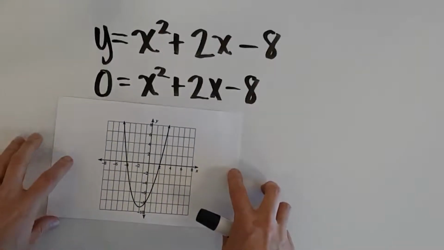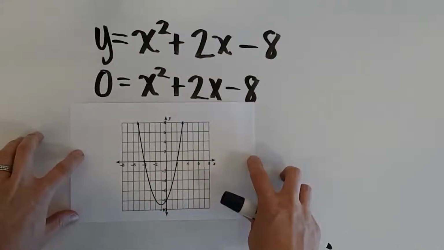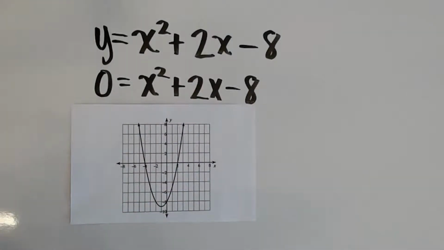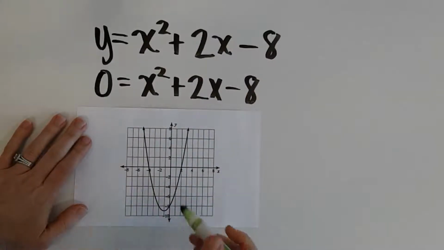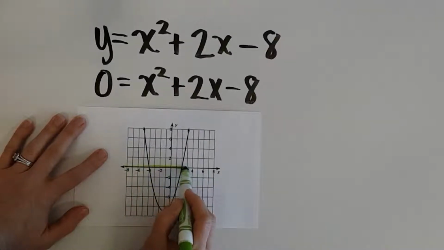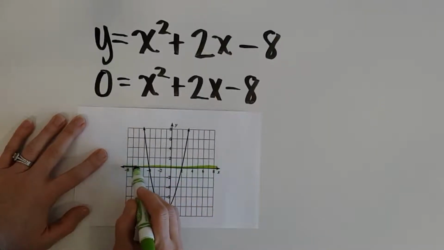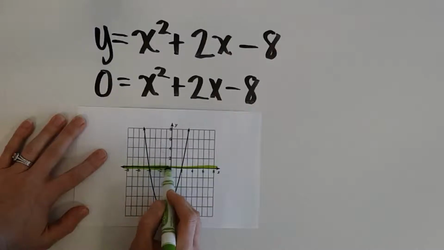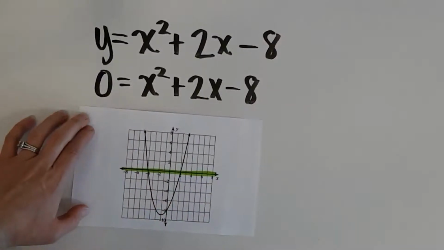Well, here's the graph of our quadratic, y equals x squared plus 2x minus 8. And if we look at this and we're trying to figure out where the y value is 0, well, on a graph, y is always 0 on the x-axis. So I'm essentially trying to find where my graph crosses this green line that I'm highlighting.